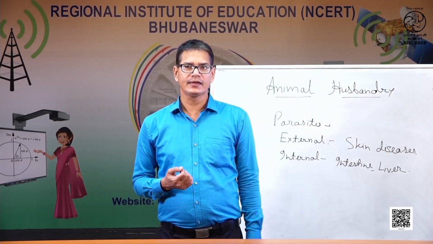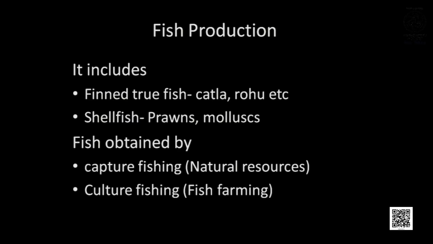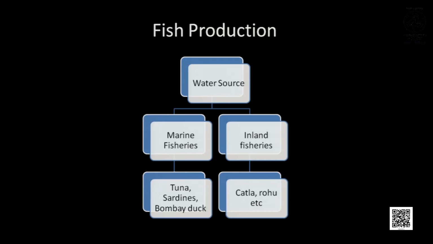Fish is obtained by capture fishing from natural sources like pond, sea, lake, rivers, and also through culture fishing, and it is called fish farming. Now you can see fish production, the water sources, and water sources are marine and inland fisheries. And examples of marine fishes are tuna, sardines, Bombay duck, etc.